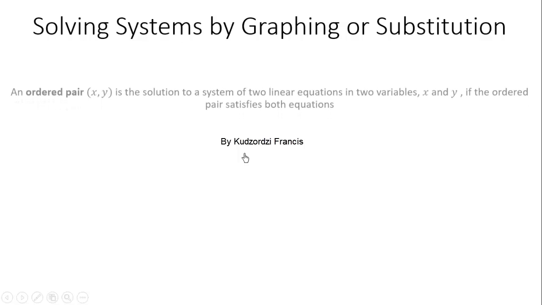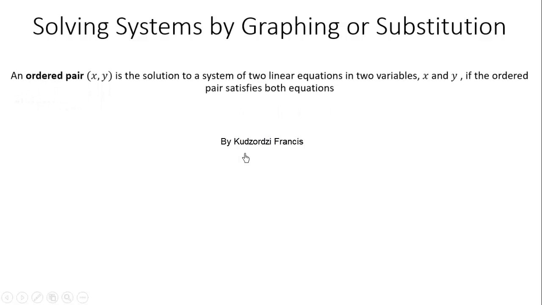Now, when we solve a system of equations, in this case, we are solving two linear equations in two variables, x and y. Then we have an ordered pair (x, y), which is the solution to the system.